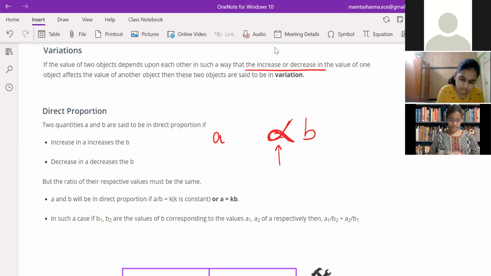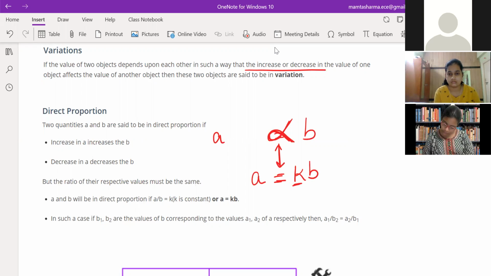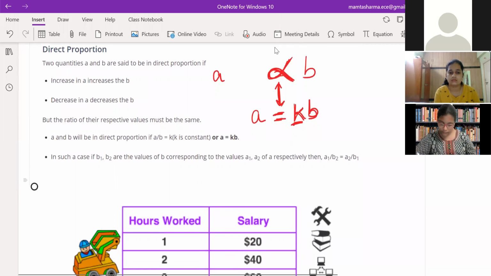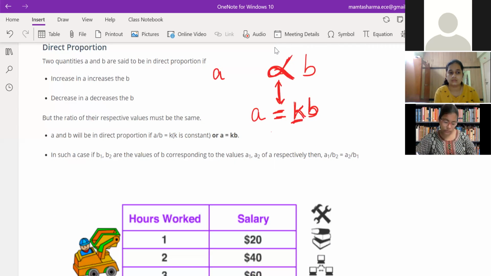Now, when this symbol is converted to equal to, a constant K will come as a multiplier of B. So we can say in direct proportion, the ratio of A by B will always remain constant.